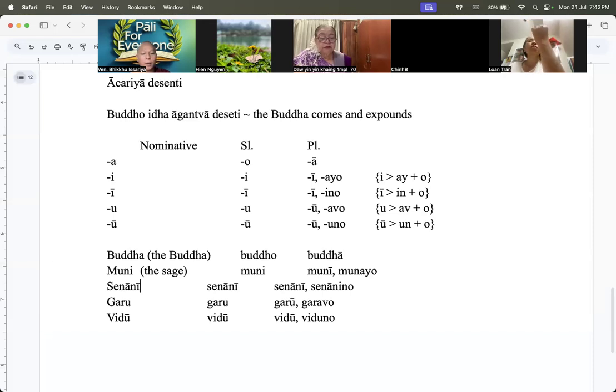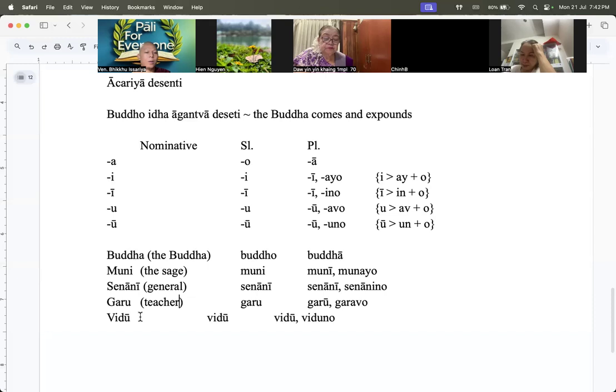Senani means general. Guru means teacher. And Viddu means the wise one, a wise one.